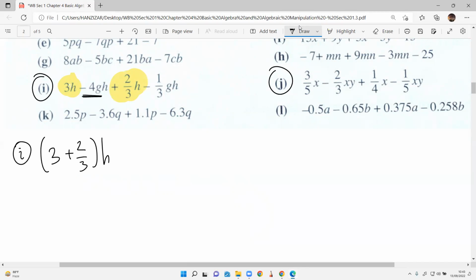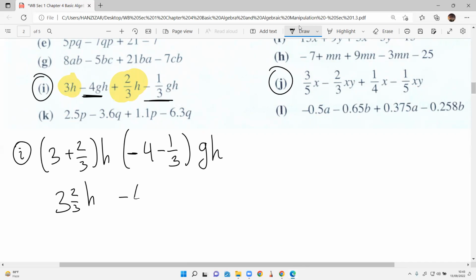And then minus 4 minus 1 over 3. Minus 4. And then 3 plus 2 over 3 is 3 and 2 over 3. And then minus 4 1 over 3, because it's adding. Done. You cannot go further.